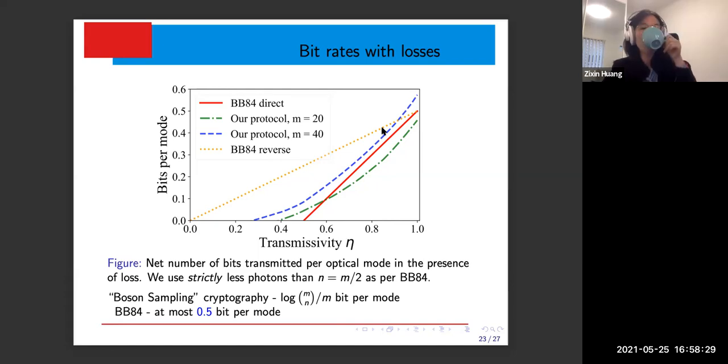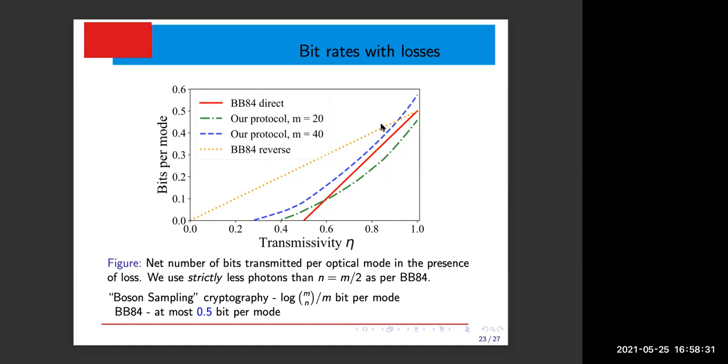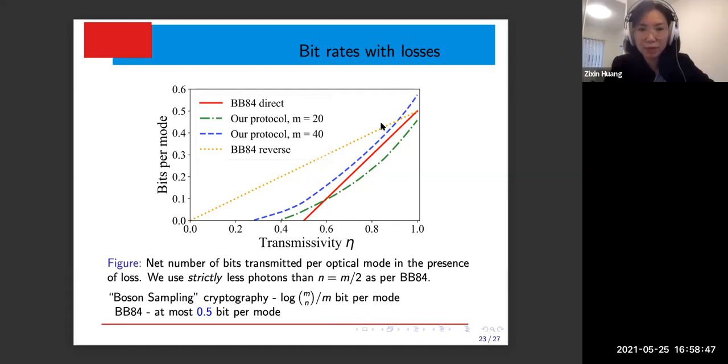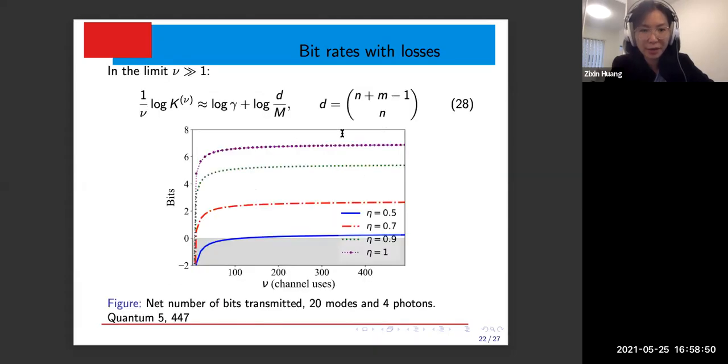One last question is about K, the unitary operation for the key. For m equal to 20 and m equal to 40, the UK would be all different. Yes, that's right. That will depend. I've hidden it here. K would scale approximately as log gamma, and in m equals 40, you have the photons heavily bunched.